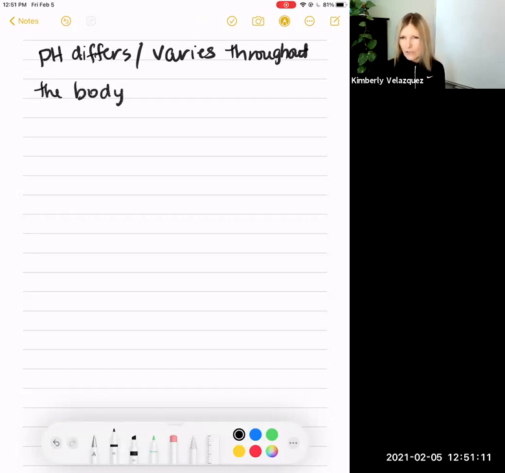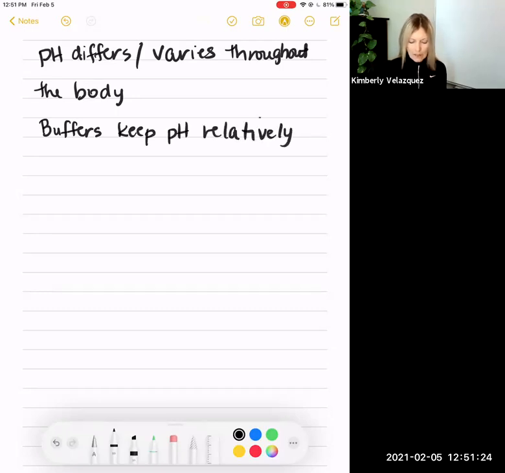And you've also learned in the previous video that buffers are used to keep pH relatively constant. Buffers do not keep pH neutral. I often hear people use the term that buffers neutralize pH.